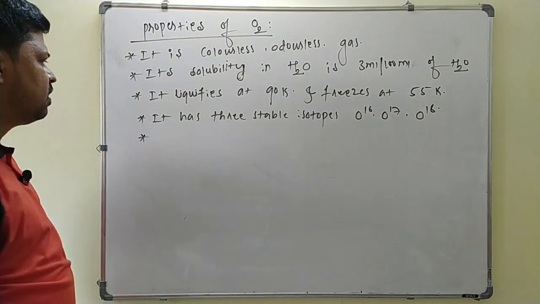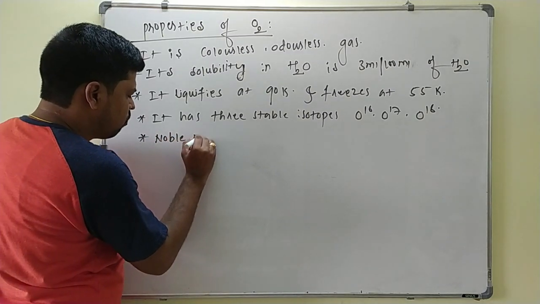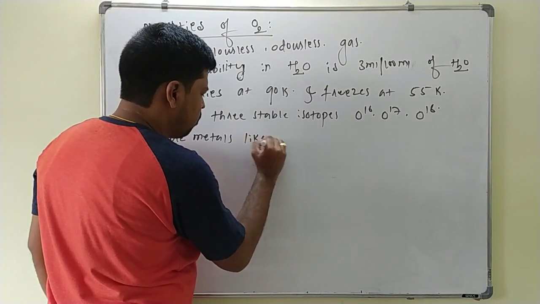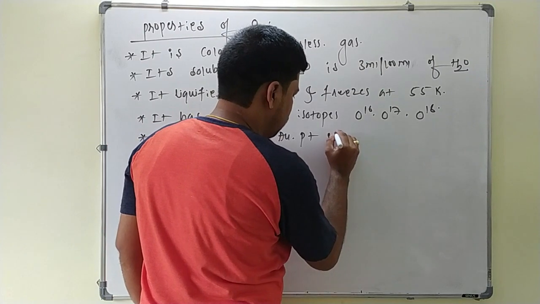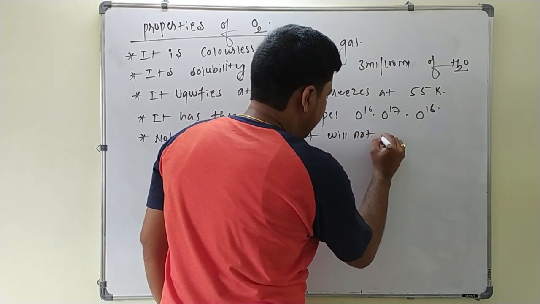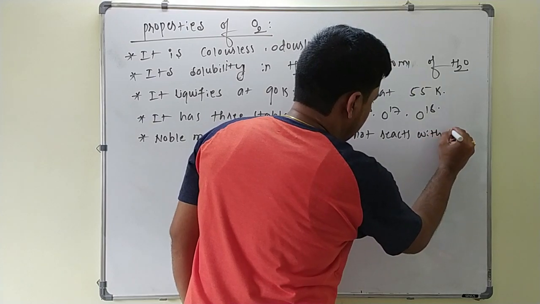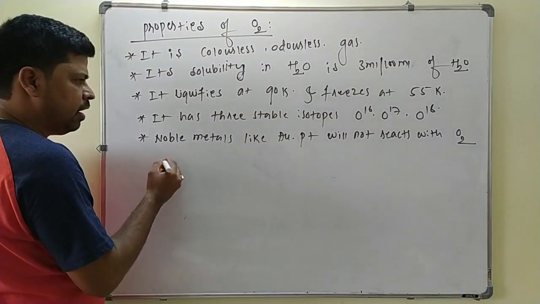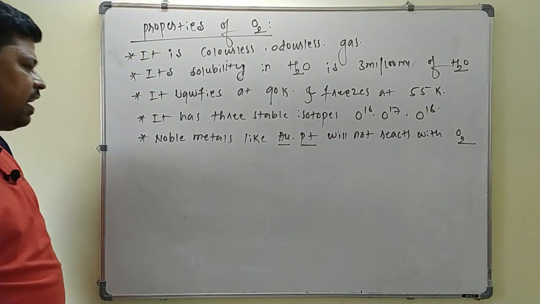Next point is noble metals like gold and platinum will not react with O2 directly. This is a very, very important point. You have to remember, gold and platinum, they will not react with oxygen directly.